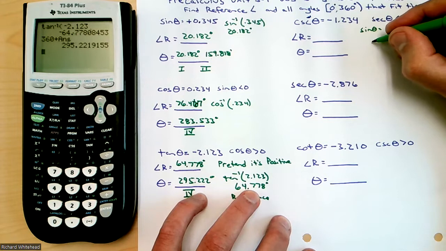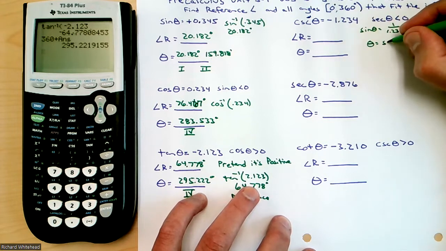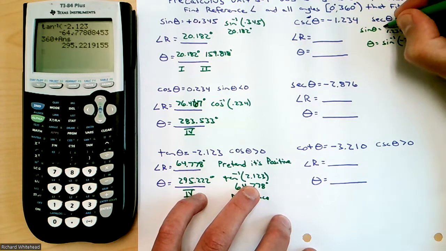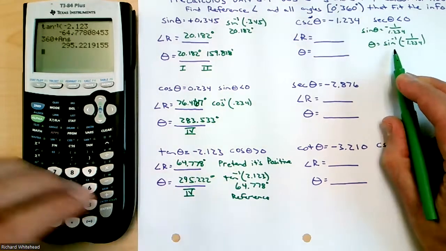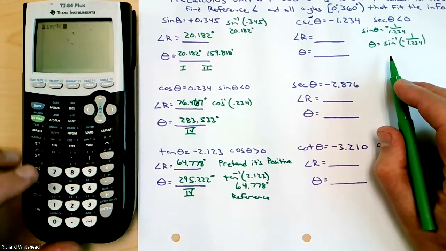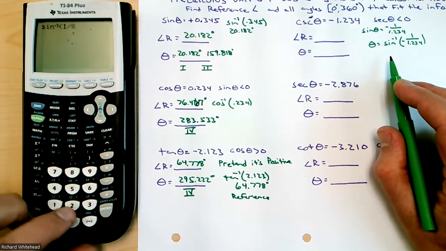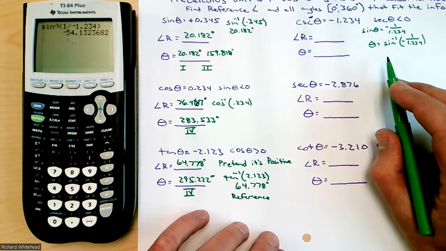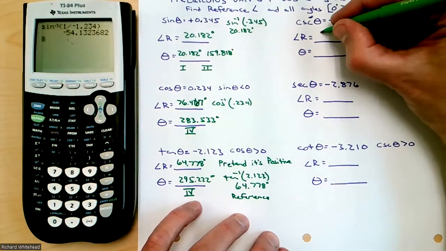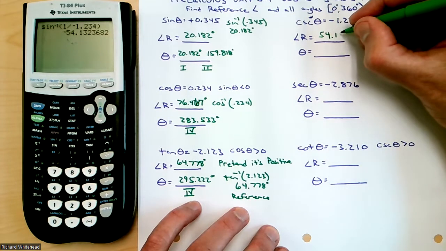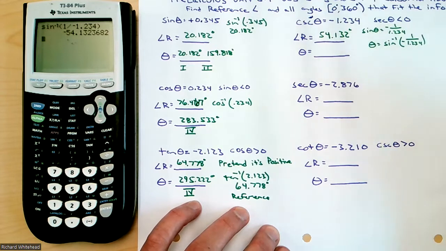So my theta is going to be inverse sine of 1 over 1.234, and if you want to put the negative on there, you can. You flipped it over because it was cosecant, and then you said inverse sine 1 divided by negative 1.234, and that made negative 54, which is the negative reference angle. So the reference angle is actually positive 54.